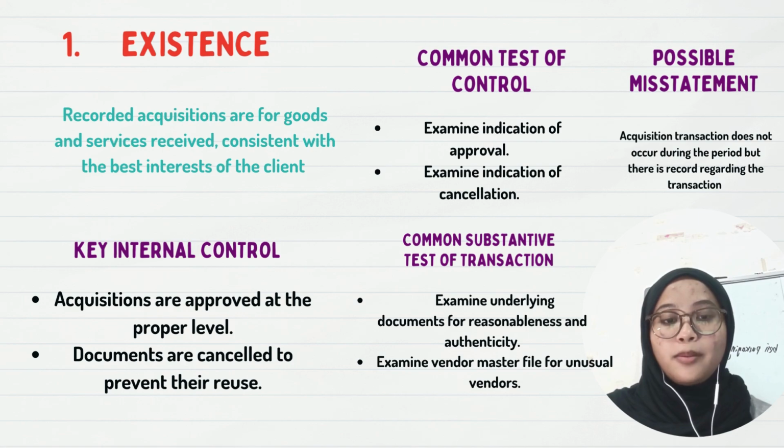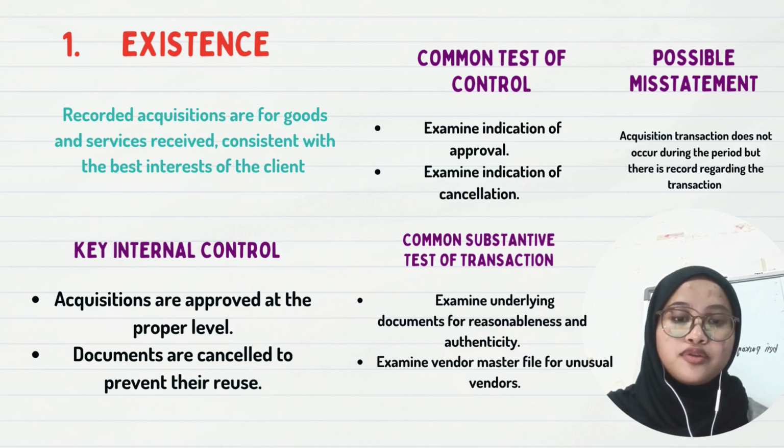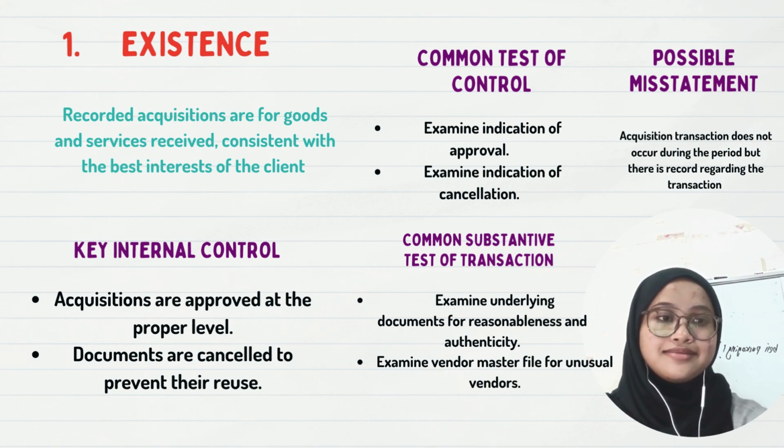So there are two procedures, which are the common test of control and the common substantive test of transactions. For the common test of control, we will examine the indication of approval and also examine the indication of cancellation.